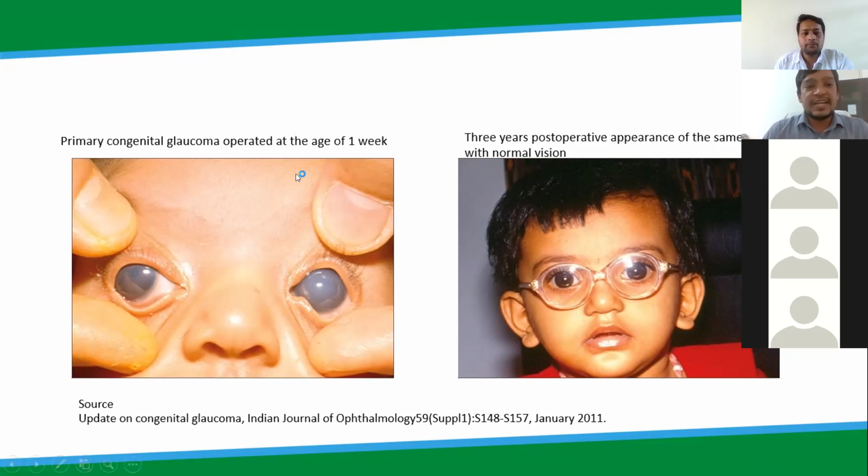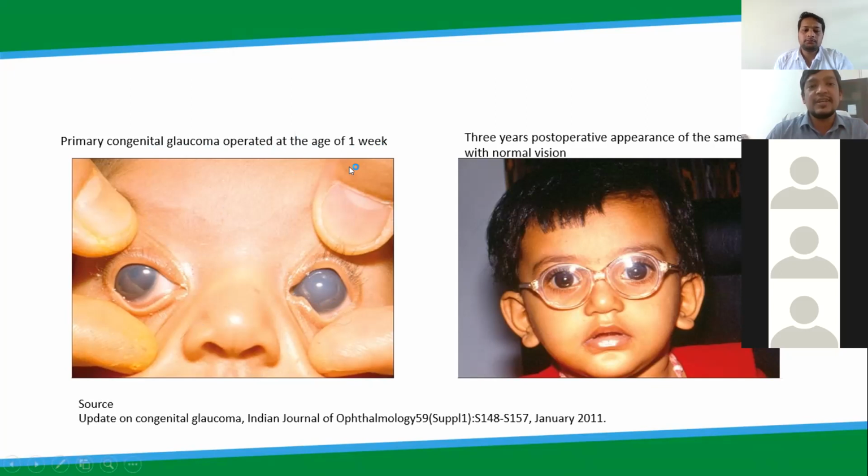This is a child who was operated on for primary congenital glaucoma at the age of 1 week. These children can be operated on very early. In my previous organization, the surgeon operated on a child at only 3 days of age, because early intervention is very important.